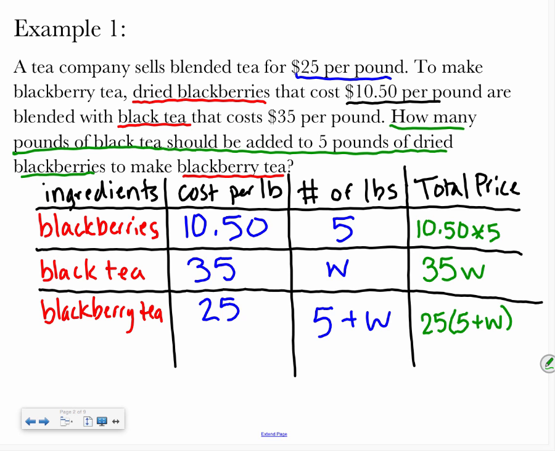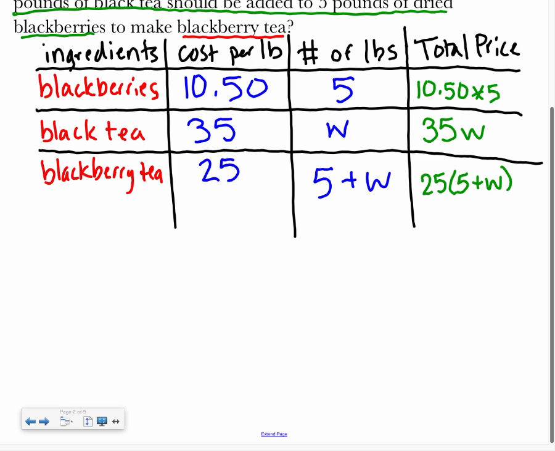Now you may be wondering how this helps you, but once you have this table set up, life gets quite a bit easier. I'm not going to say easy, because easy is a relative term. But all that you have to do is take the first two rows, add them together, and they equal your last row.